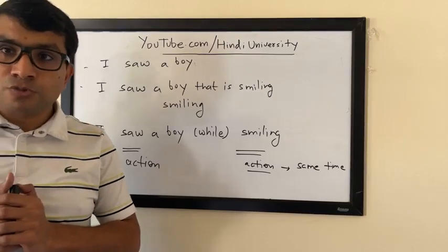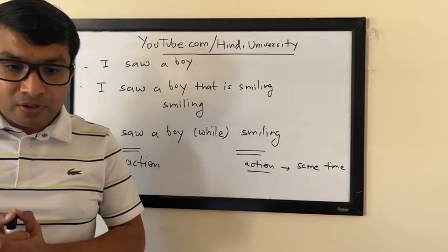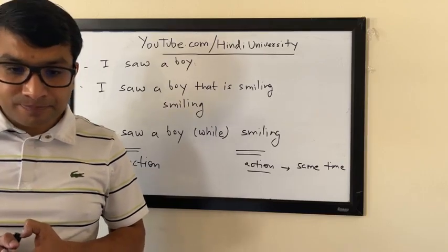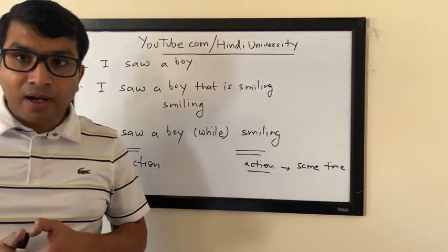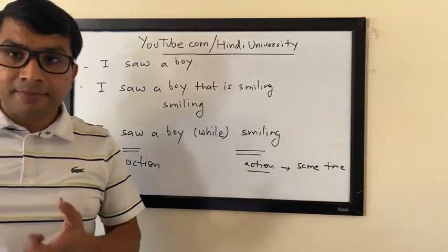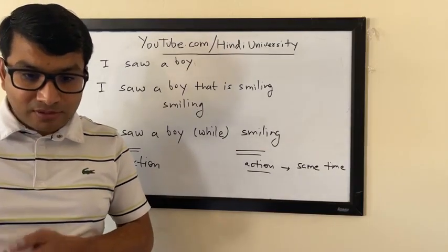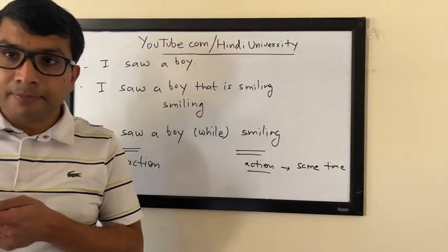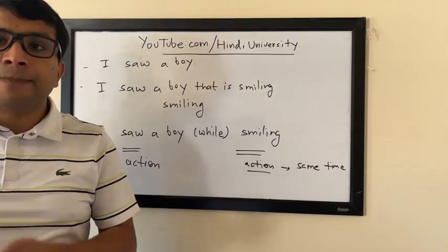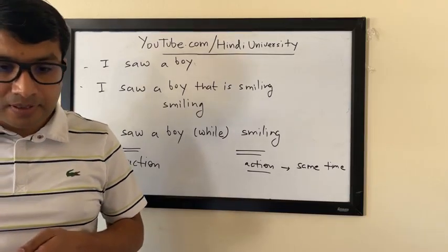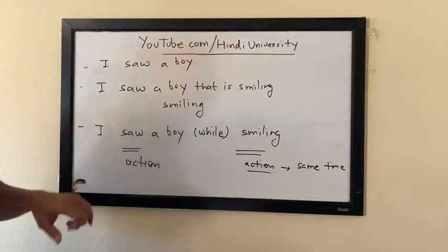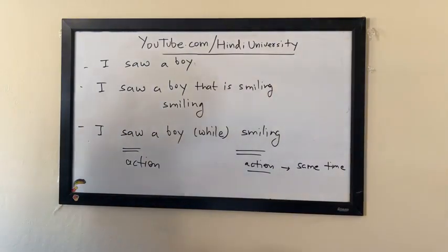Let's say I spoke to Yirka while he is eating ice cream. So I spoke with him at the same time he is doing the other activity. Those are happening at the same time. Let me give you some more examples because this could be the confusing part for a lot of people.